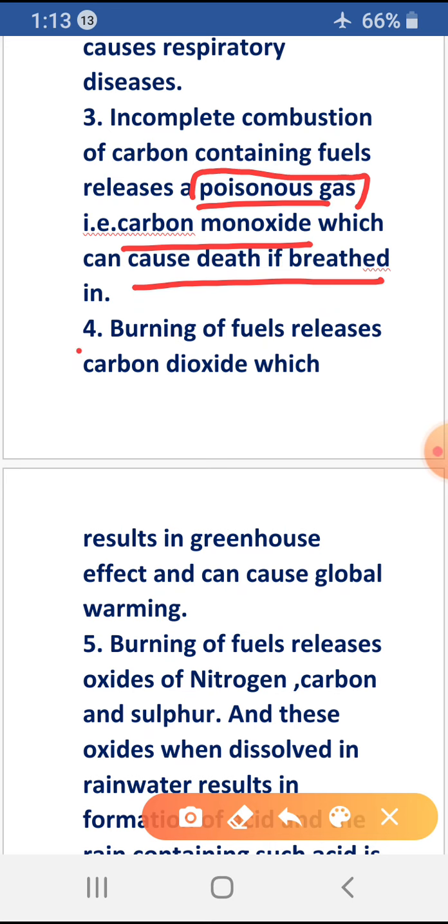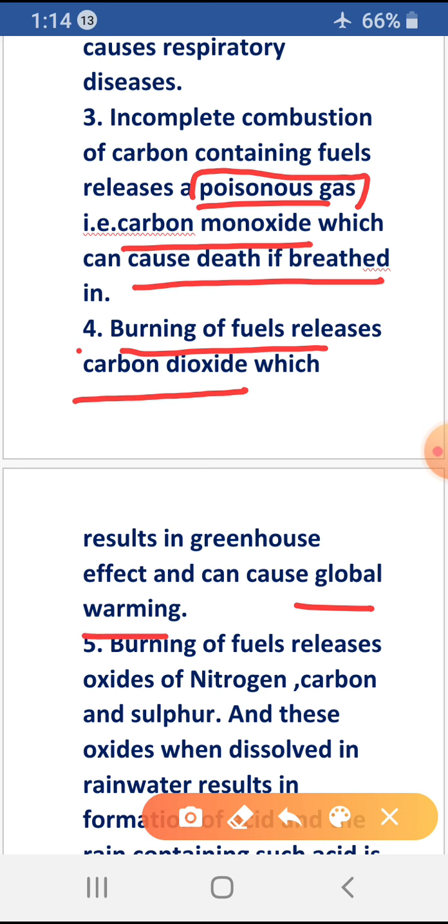Next point, burning of fuel releases carbon dioxide. As I was telling you, if the content of carbon dioxide exceeds its limits, exceeds its percentage, it causes global warming. How does it cause global warming?